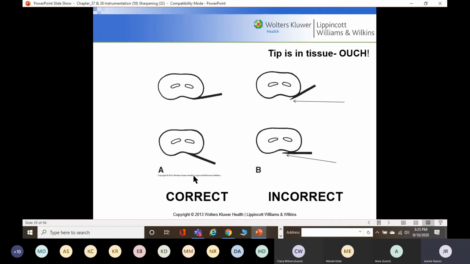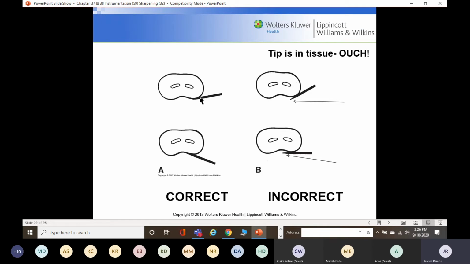The tip is in the tissue, so if you don't have that, it would be hurtful. This would be the col area, like maybe the buccal is on this side and the lingual's on this side, and you've got these teeth all together, and you're going into the interproximal area. A lot of people look right here and right here.